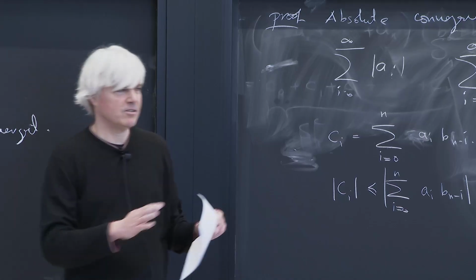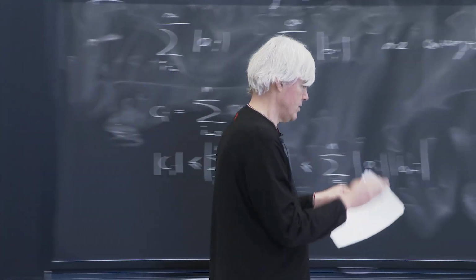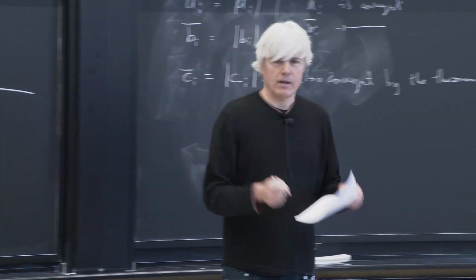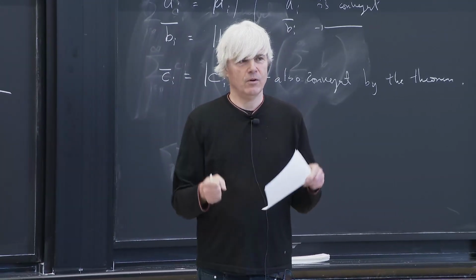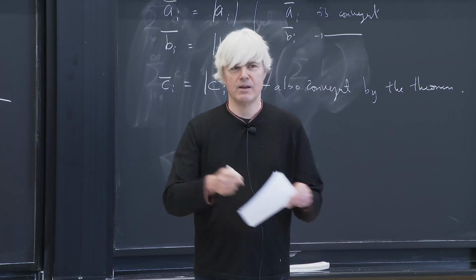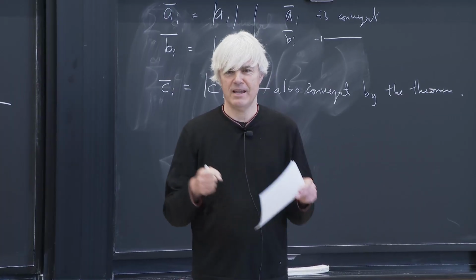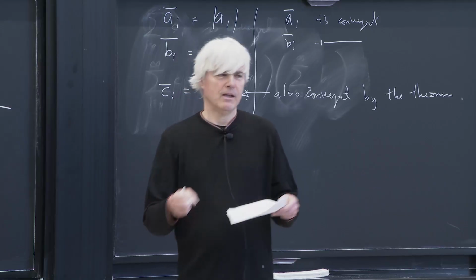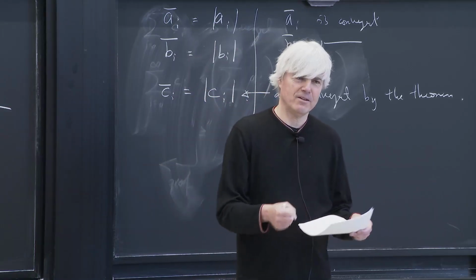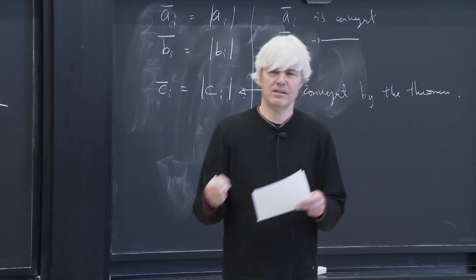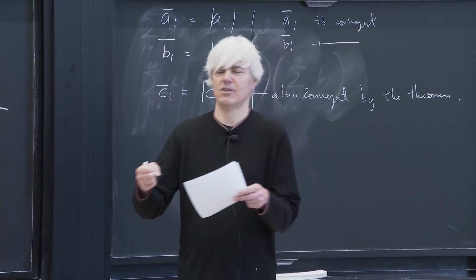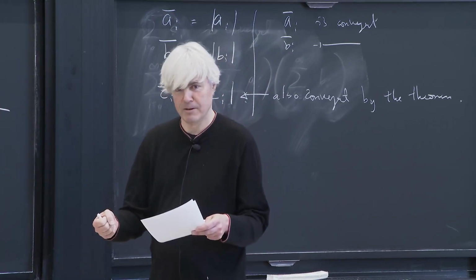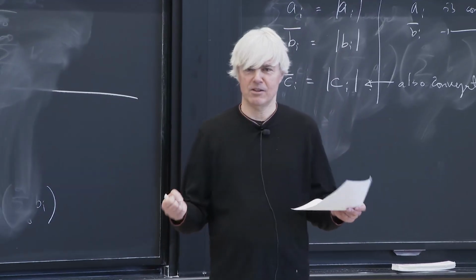So this is a basic fact: if the series is of non-negative numbers and it's converging, then you can rearrange the ordering and it will still converge to the same number. If the numbers are not non-negative and don't converge absolutely, then the ordering does matter.